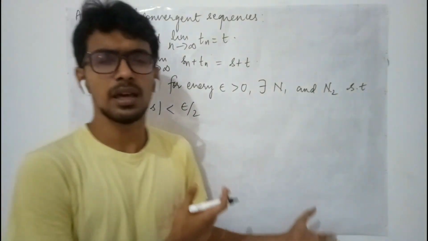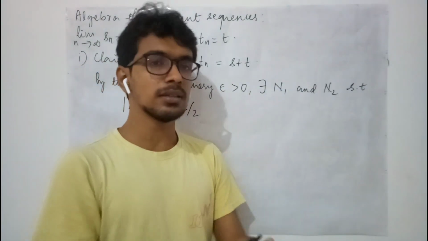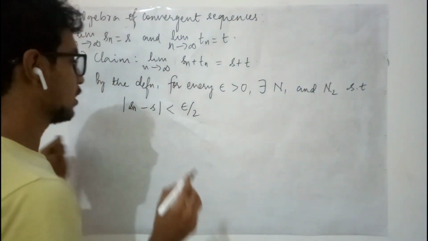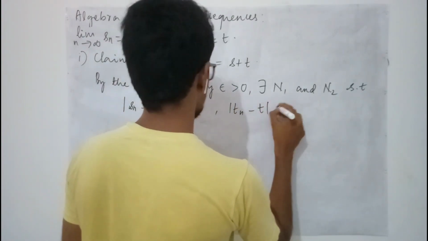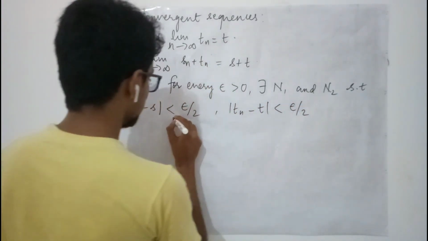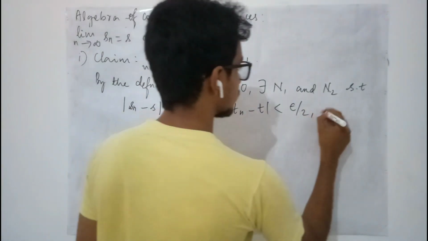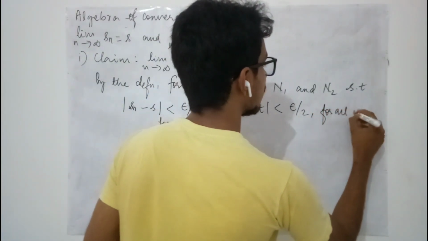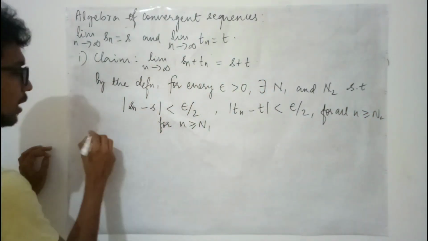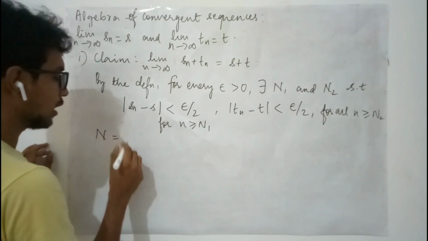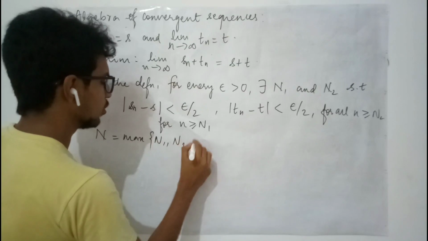You may have it as simply epsilon, but for simplicity I am taking epsilon by 2. And absolute value of Tn minus T less than epsilon by 2. The first is true for all n bigger than or equal to n1, and the second is true for all n bigger than or equal to n2. Now I am going to take n to be the maximum of n1 and n2.